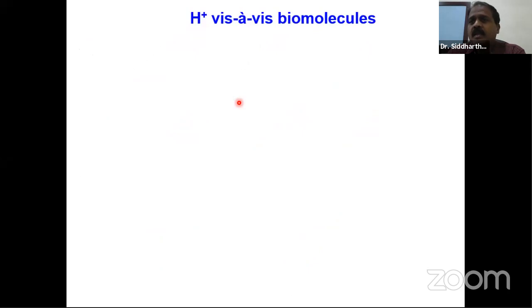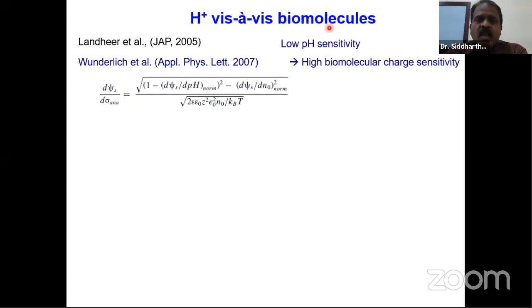To answer this question, let's go back to what I had in an initial slide. A simple ion, hydrogen ion, the simplest entity. Then we have more complex entities, which are the charged biomolecules. There has been work by researchers who hypothesized that indeed a low pH sensitivity means a high sensitivity to biomolecular charge.